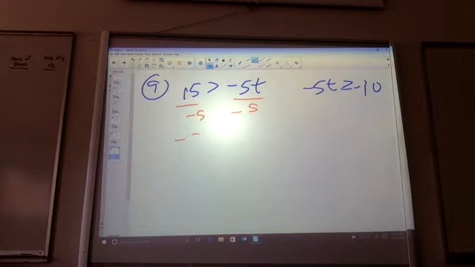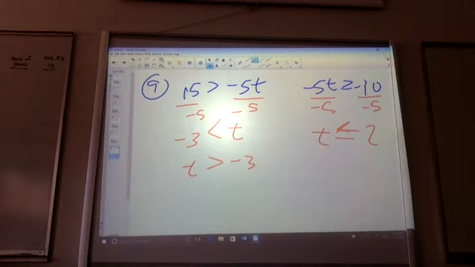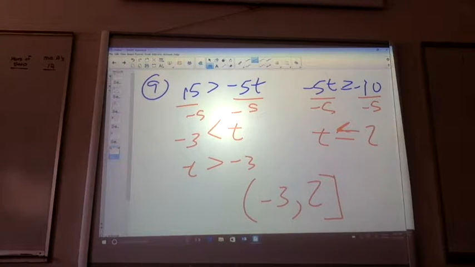So that means I have negative 3 here. Sign needs to flip over. Divide by negative 5. This is also an and problem. So think about this. If I flip this over, I'm going to go between negative 3 and 2. So round bracket at negative 3, square bracket at 2. Again, that's your interval notation.